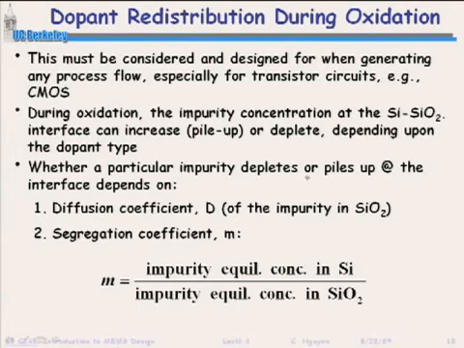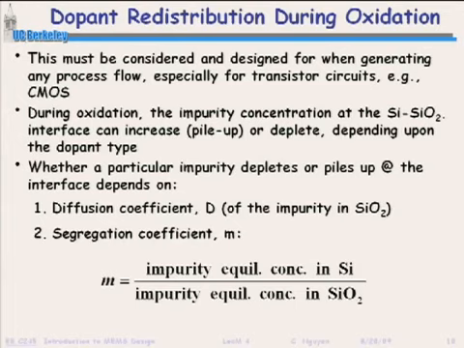Once it gets into silicon dioxide, does it want to move fast at high temperature, or is it going to move very slowly even at that high temperature? It's the same diffusion coefficient that we've been talking about previously for things like growing oxides.